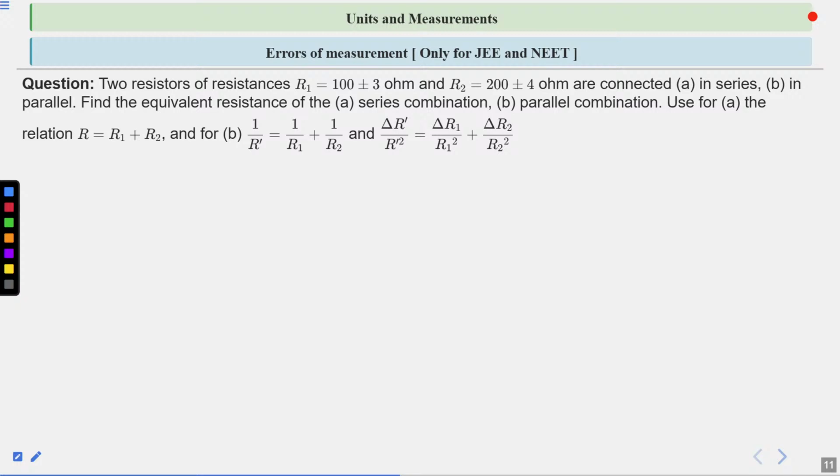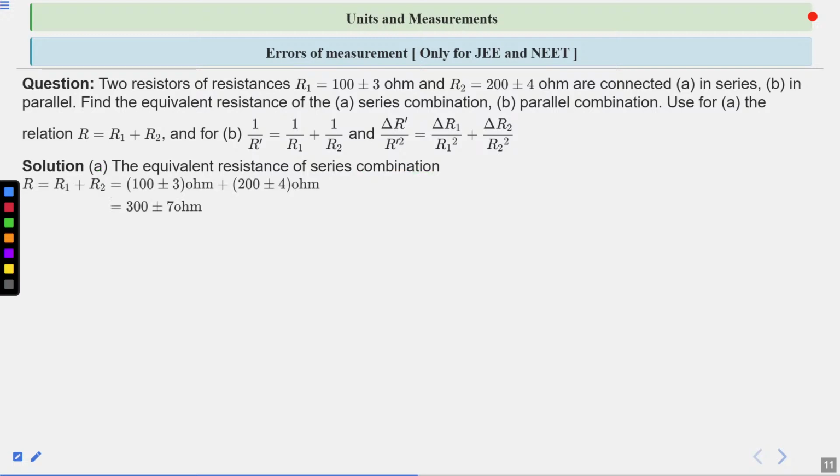First is the equivalent resistance of the series combination. If we talk about the series combination, the resistances will be added end to end. So R1 plus R2. Here R1 is 100 plus minus 3 and R2 is 200 plus minus 4 ohm.